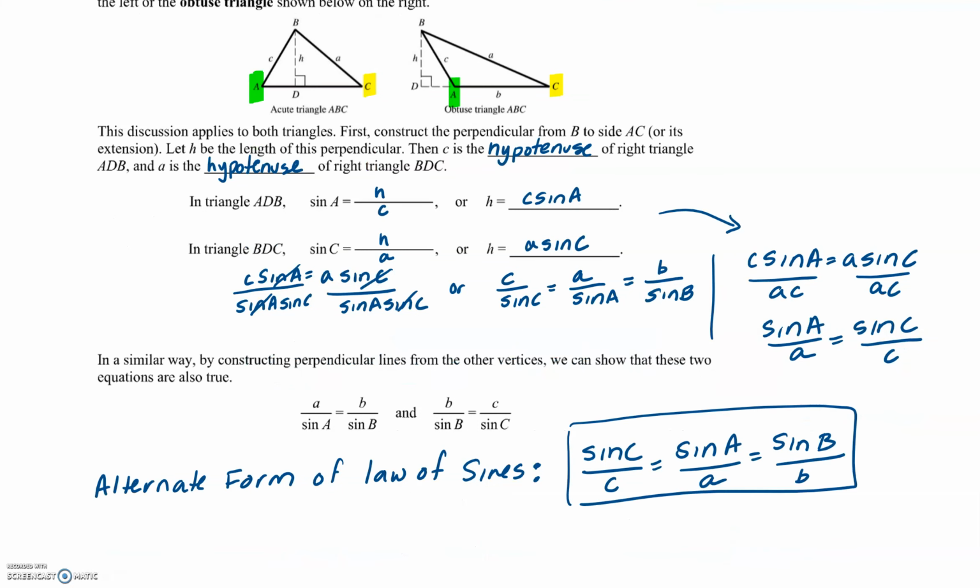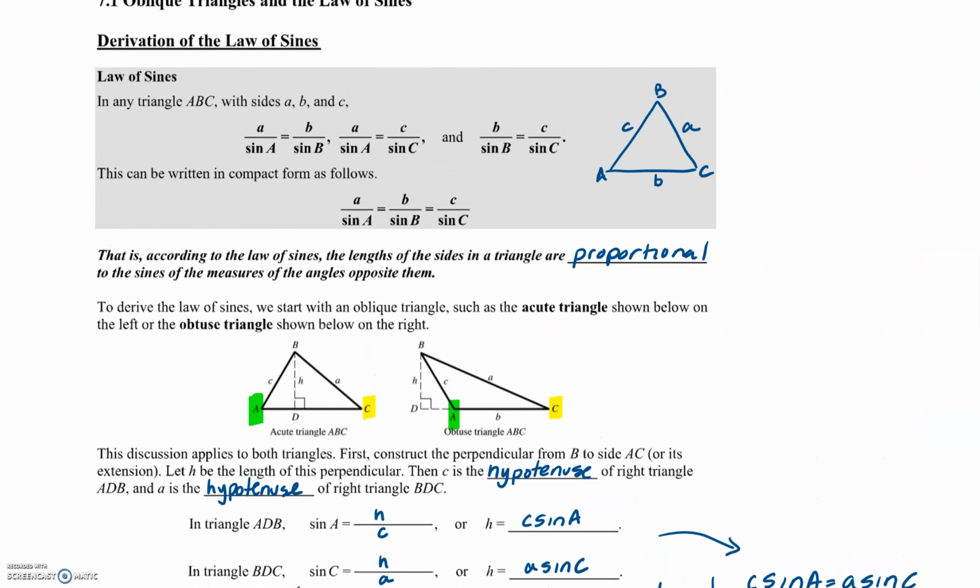To use the law of sines, you always need to make sure that you have an angle and the side across from it known. So for instance, let's go back to our picture up here.